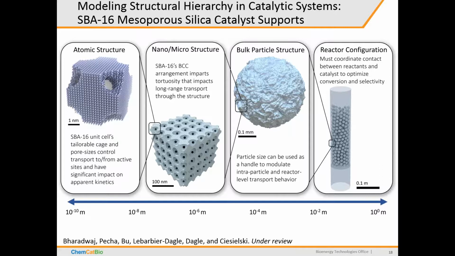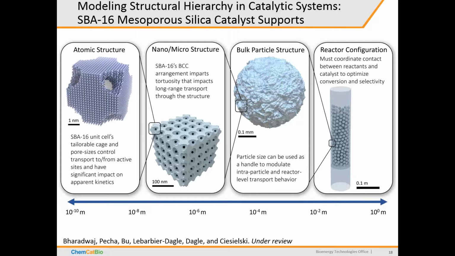And we're able to handle all the important transport phenomena that occur essentially in that regime. In this project, we started at the atomic scale and did molecular diffusion simulations, very similar to what Sona Kim just described in the previous section, where we were able to compute diffusion coefficients for reactants and products within the mesoporous structure.